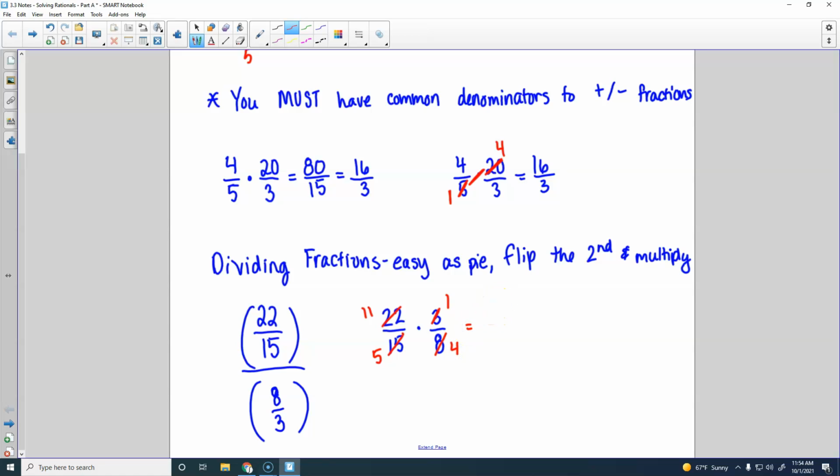So 11 times 1 is 11. 5 times 4 is 20. It is much easier to reduce before you multiply rather than after, especially on that one. All right, questions?